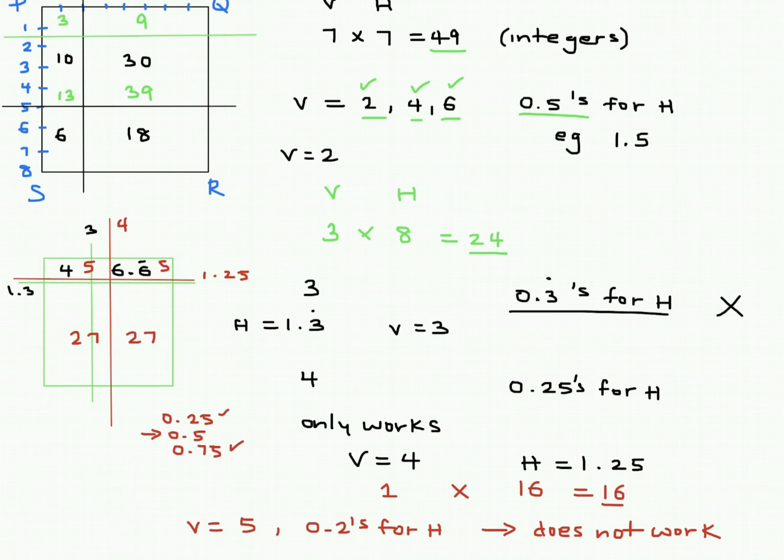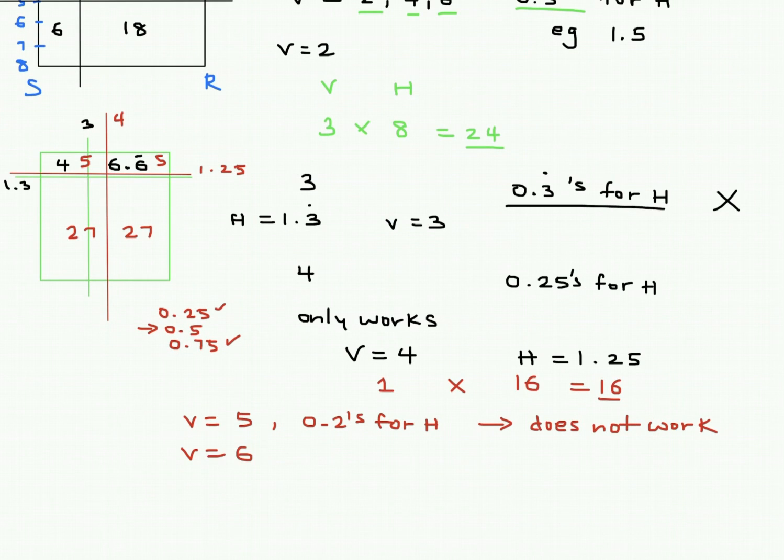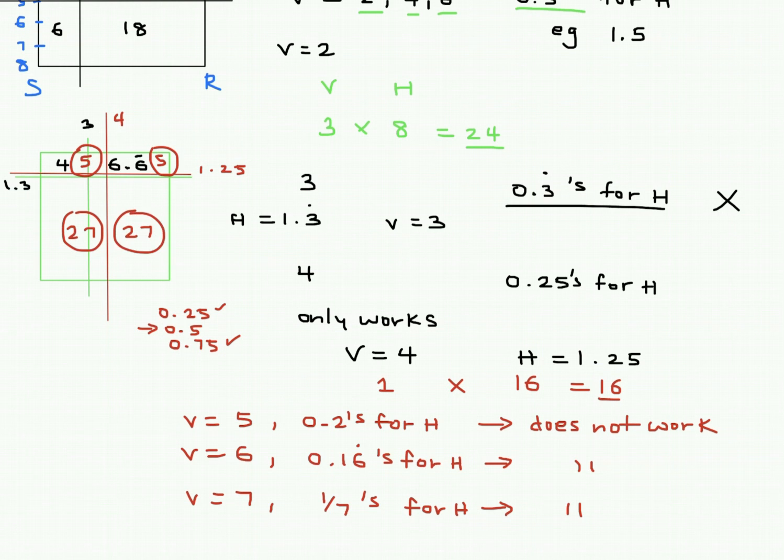And in a very similar way, if you keep going, if v equals 6, then you would get this 0.16 repeat, right? 1 over 6 basically for the h. And very similarly, again, it does not work. And then the last one, when v equals 7, you get a 1 over 7 scenario, the 1 over 7s for h. And very similarly, it doesn't work. It doesn't create a scenario where you have 4 separate areas that are all integers.